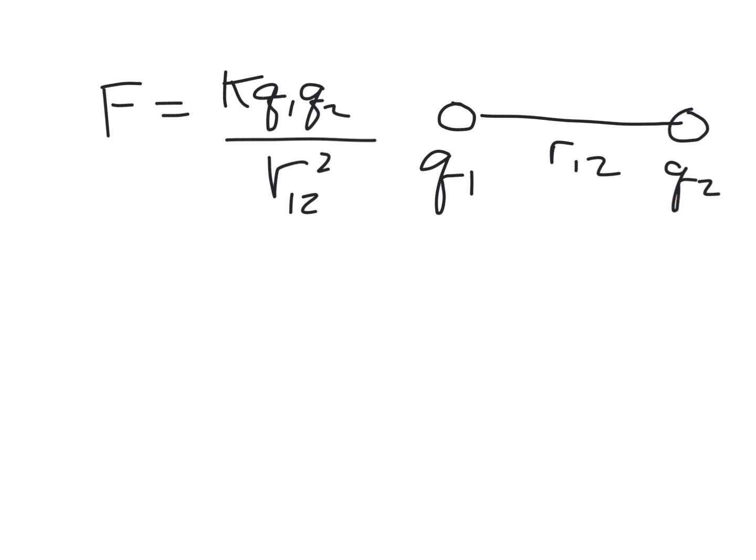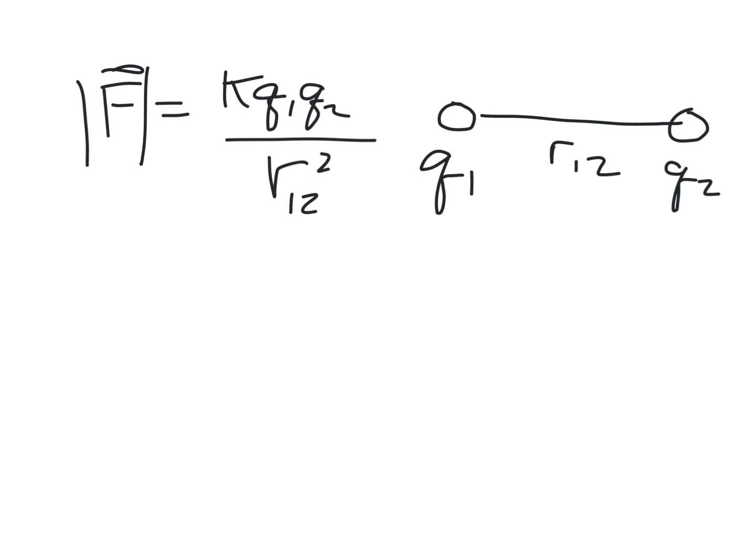Coulomb's law tells us that the force between the two charges will have a magnitude given by the K value, which is 9.0 times 10 to the ninth newton meter squared per coulomb squared, times the two charges multiplied together divided by the square of the distance between them.